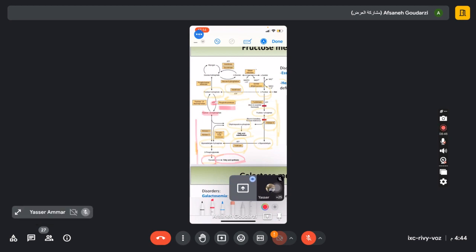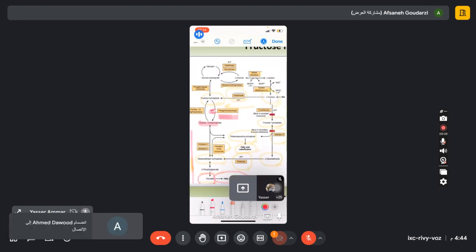This fat accumulates in the liver and causes fatty liver disease. So these two pathways which I explained regarding fructose metabolism, please keep in mind. The important part is fructokinase and hexokinase and the products and the rest of the things which I explained to you.